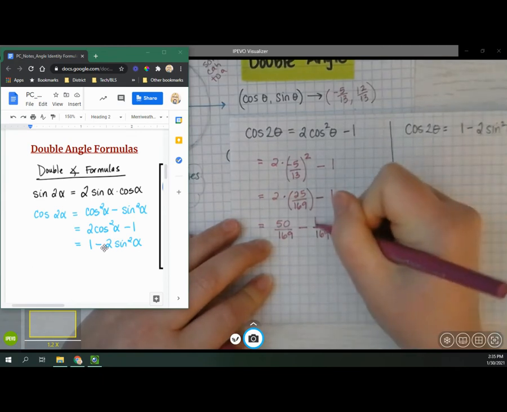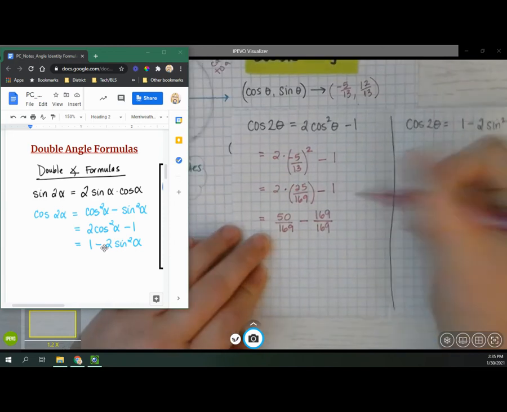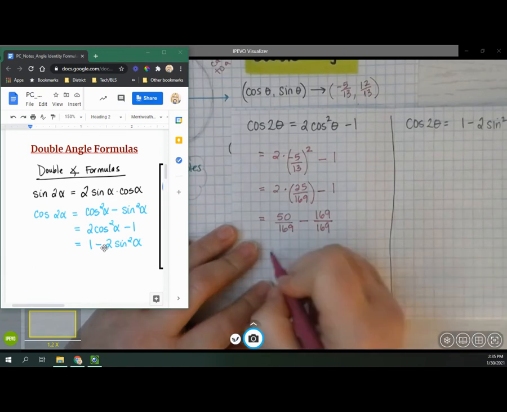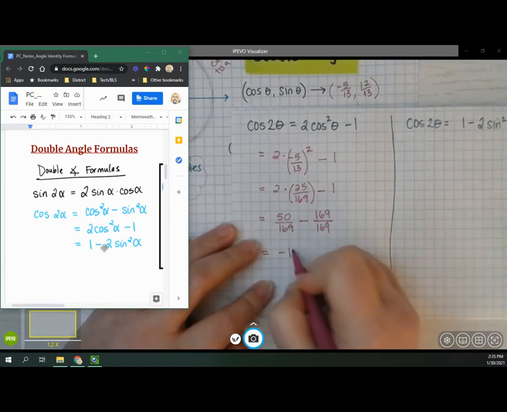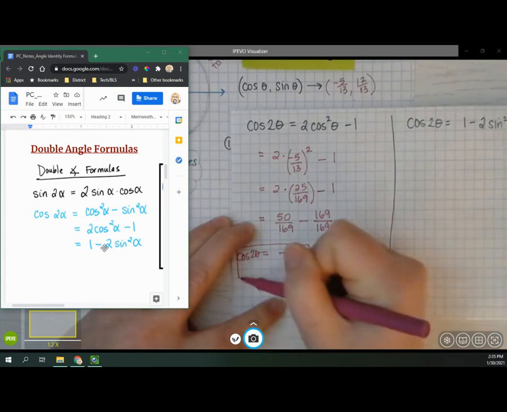Well, 169 over 169 is 1. And now that they're both fractions, I can subtract the numerators. This gives me negative 119 over 169. So cosine 2 theta is negative 119 over 169.